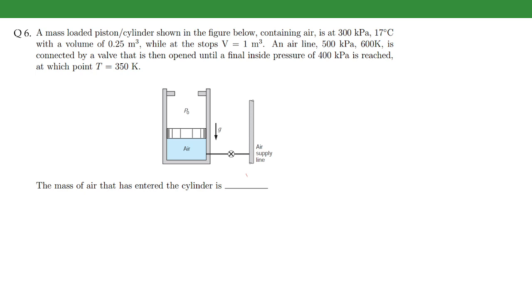So from 300 kilopascal, 17 degrees Celsius, and volume of 0.25 meter cube, it takes in air which is at 500 kilopascal and 600 Kelvin, and it reaches a final pressure of 400 kilopascal, wherein the volume becomes 1 meter cube and the temperature becomes 350 Kelvin. We have to find out what is the mass of air that has entered the cylinder from the air supply line.